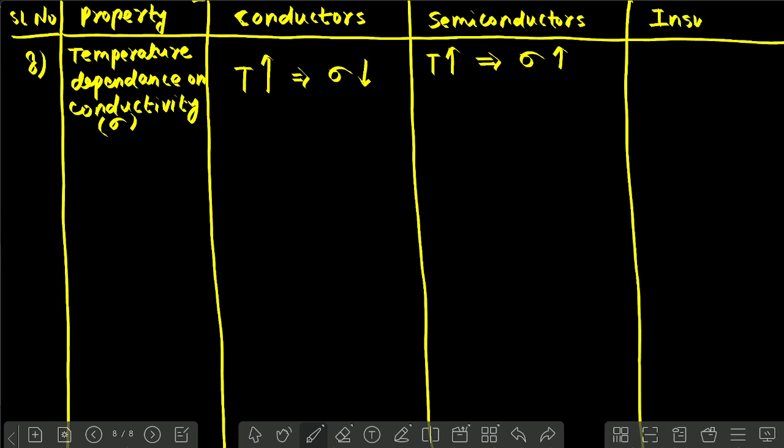Now insulators. For insulators, same thing. If temperature increases, this implies conductivity may increase. May increase. So this one you remember and write.